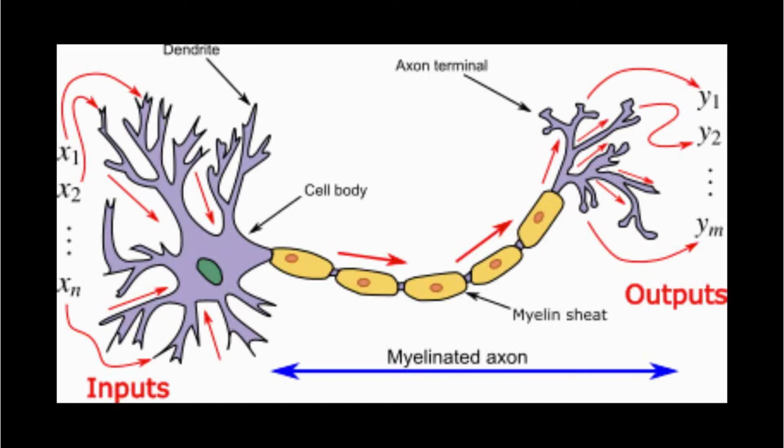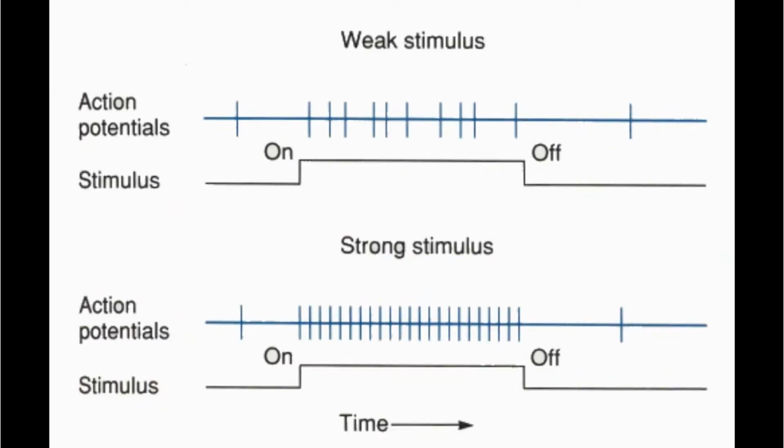The biological neuron follows the all or none rule, meaning that it either fires or it does not. There is no weak or strong firing. Instead, when the neuron is more excited, it fires more rapidly.